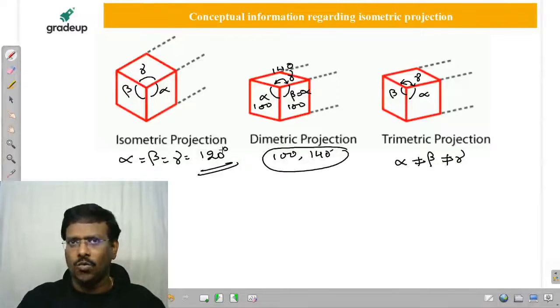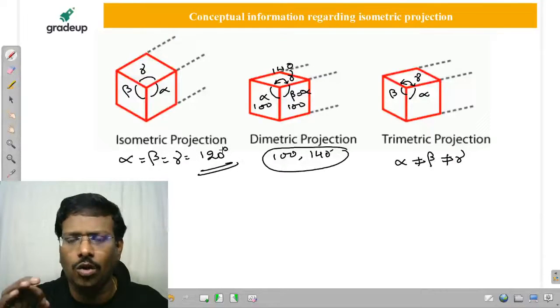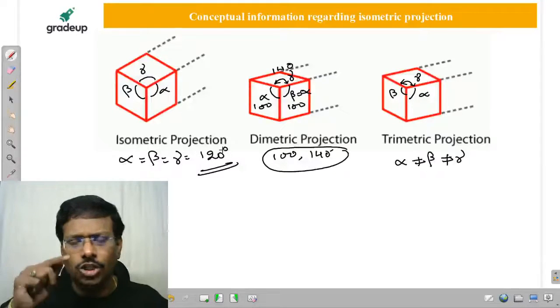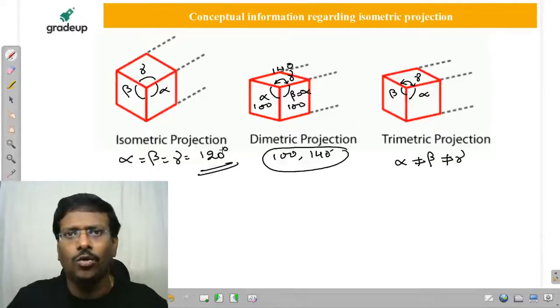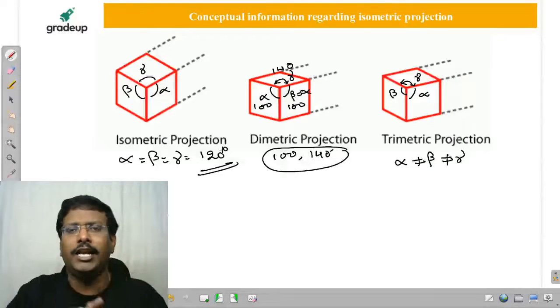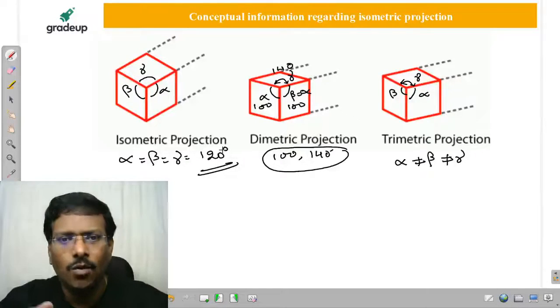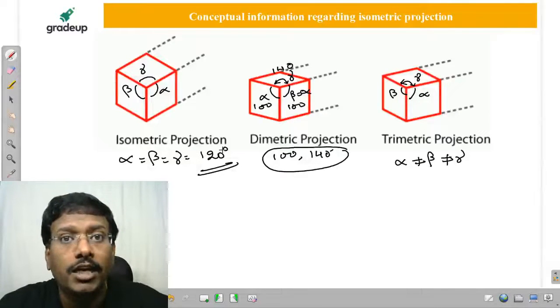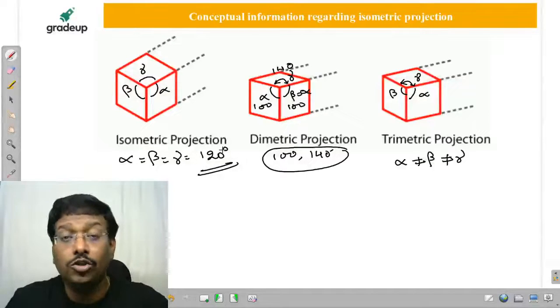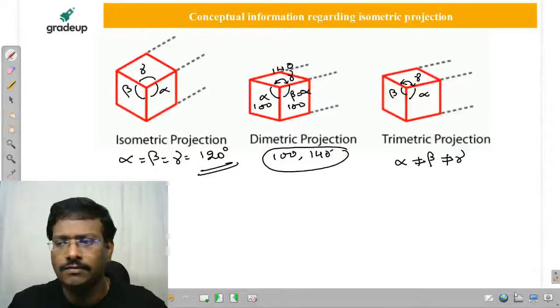Remember, my dear friends, whatever shadow we get, in that shadow the axes of the solid will make the same inclination. That is why it is called isometric projection. Is it clear to all of you, my dear friends?